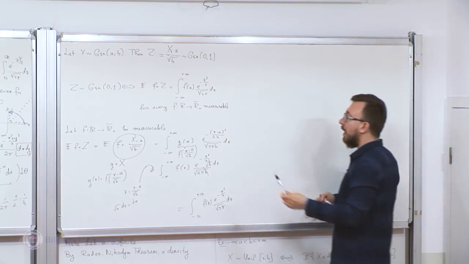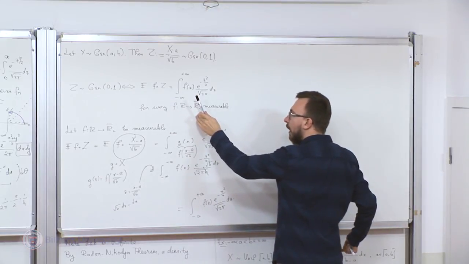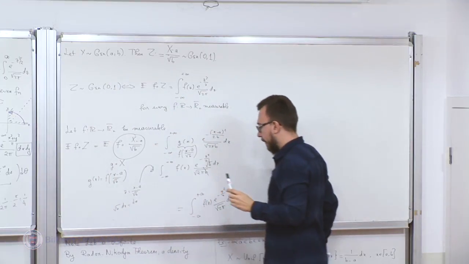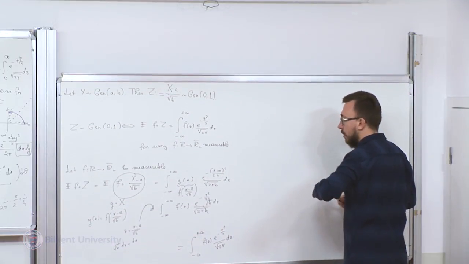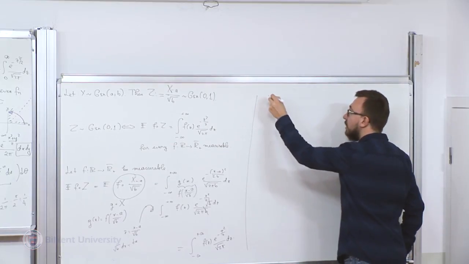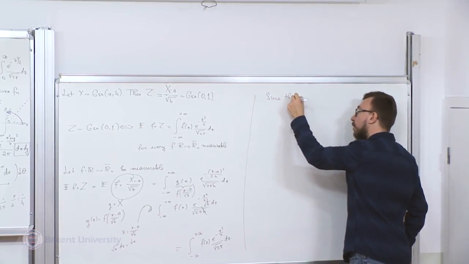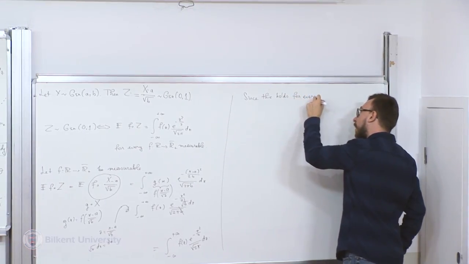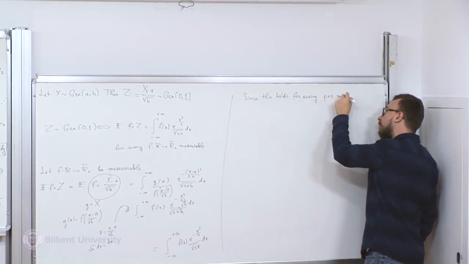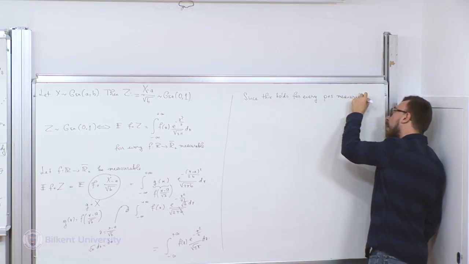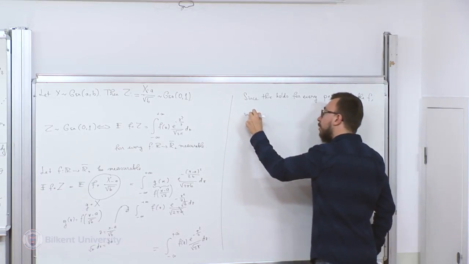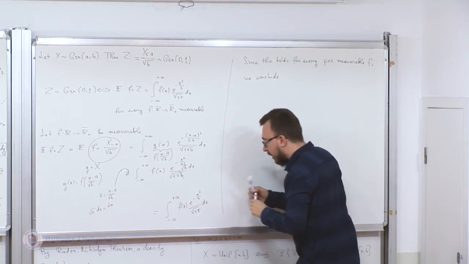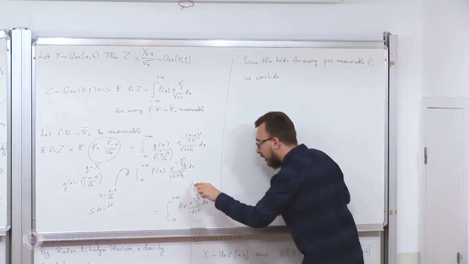And since we have this for every positive measurable f, we can conclude that the distribution of z is Gaussian 0, 1. So since this holds for every positive measurable f, we conclude that this part is indeed the distribution of z.